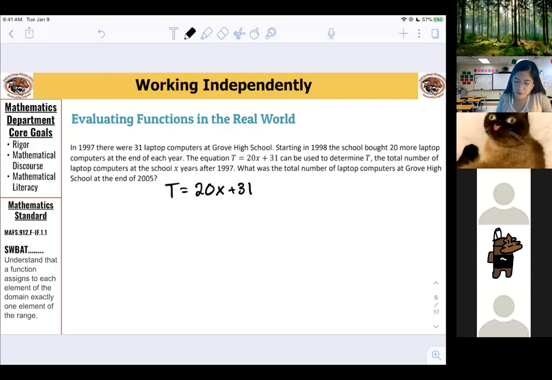Okay. So it's asking what was the total number of laptop computers at the end of 2005. So am I going to plug in 2005? No. Instead, what should I be plugging in?